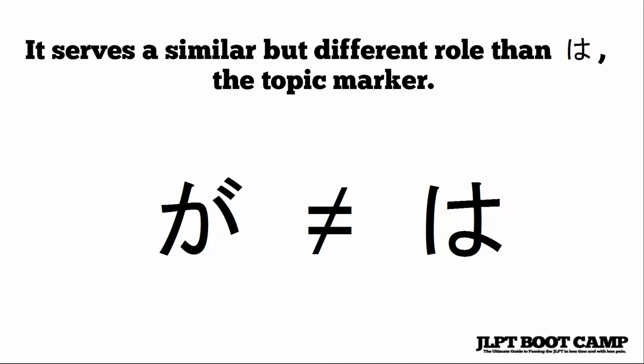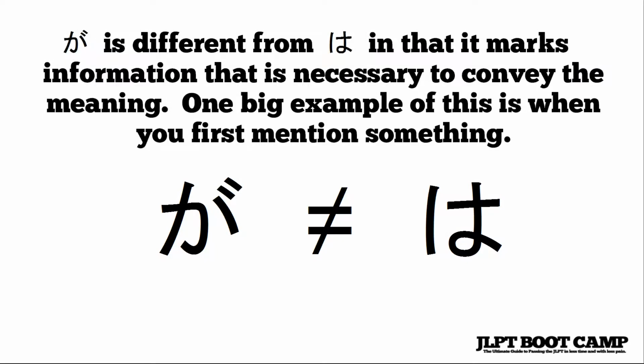And just a quick refresher, the subject is something that's doing something, and the wa, the topic, is more like kind of the general, what the general conversation is about. It's not necessary information to further the conversation, so to speak. And ga is different from wa in that it marks information that is necessary to convey the meaning.